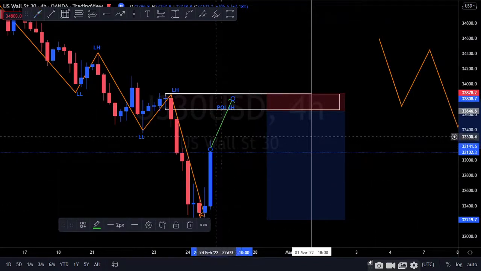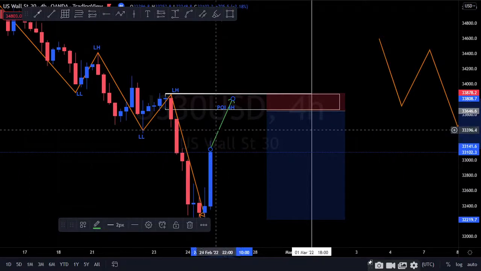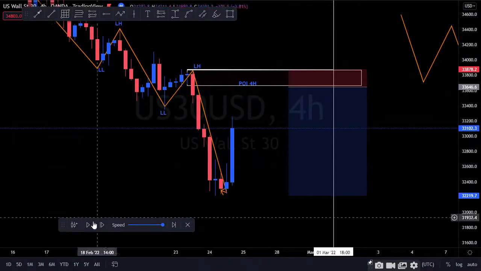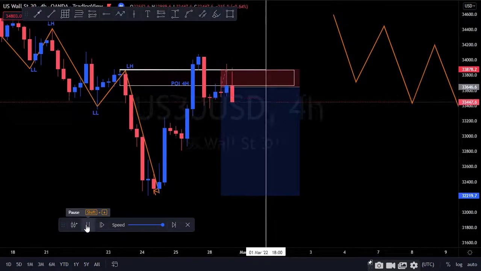So we just wait for reaction or confirmation, and then we continue. You get it? Good. So let's play the market and see how the market went.